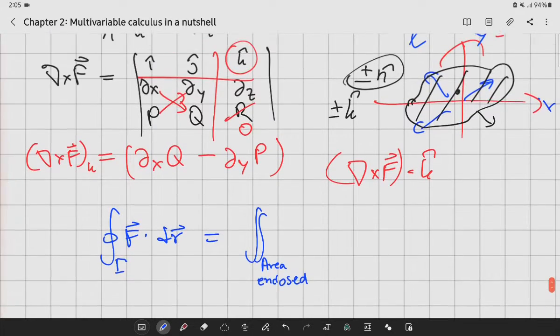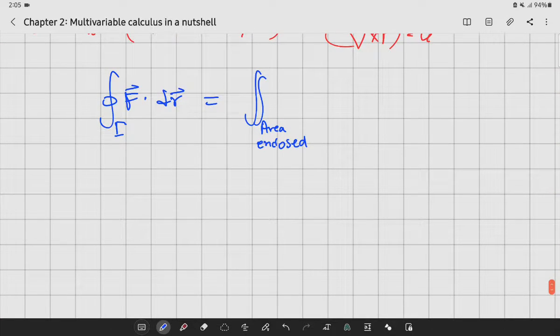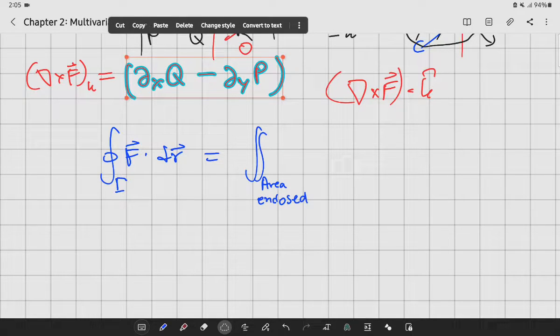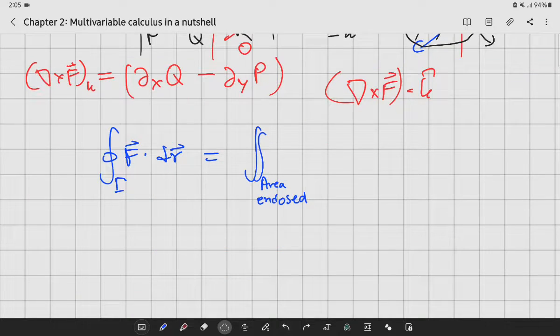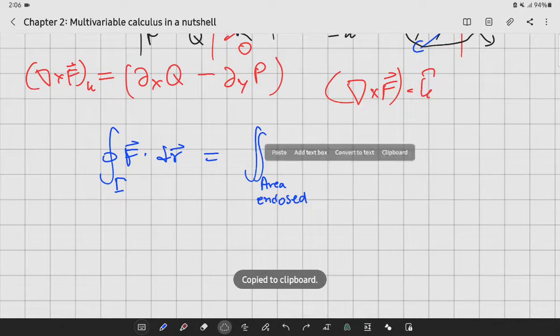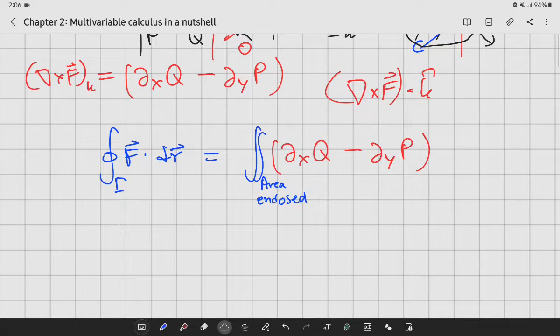Again, the area enclosed is this thing. And the curl of F, only the kth component of it is this one. So I can just copy this and paste it here.